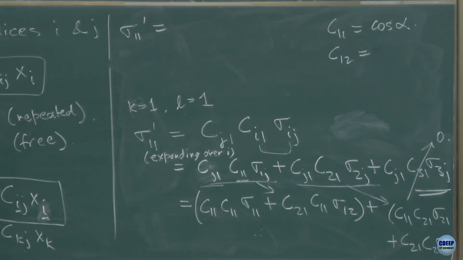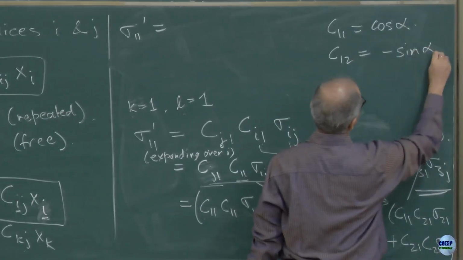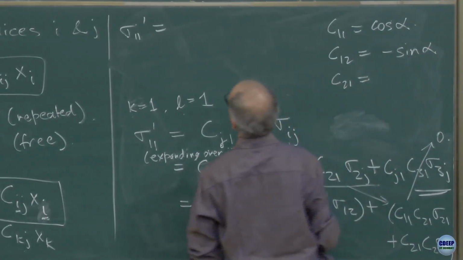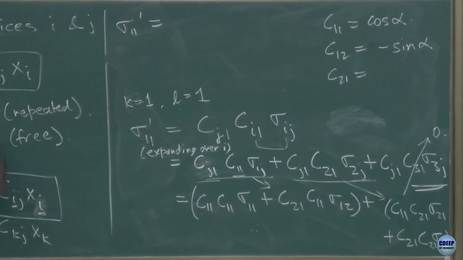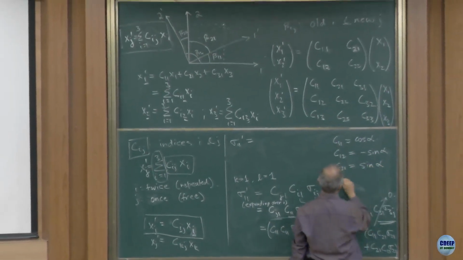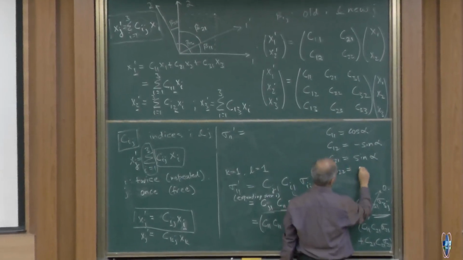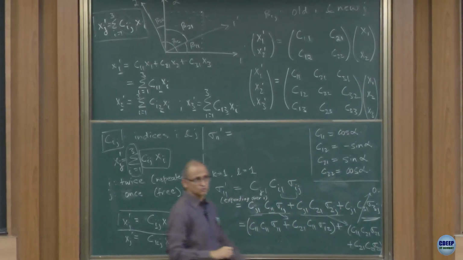C12 is cos of beta, what is this angle? 90 plus alpha, right? And what is cos of 90 plus alpha? Minus sin alpha. C21 is cos of 90 minus alpha, so sin alpha. C22 is cos of alpha. Is this correct? I hope this is correct.